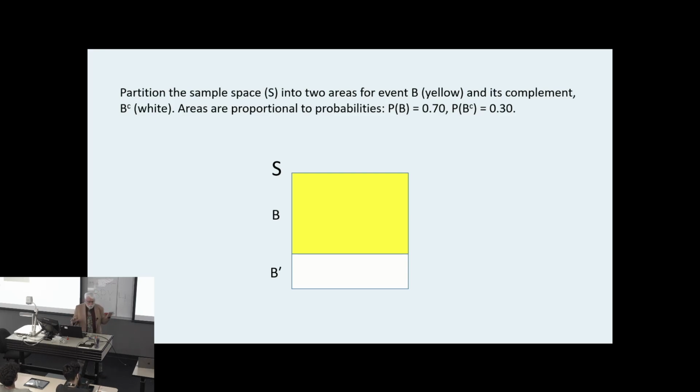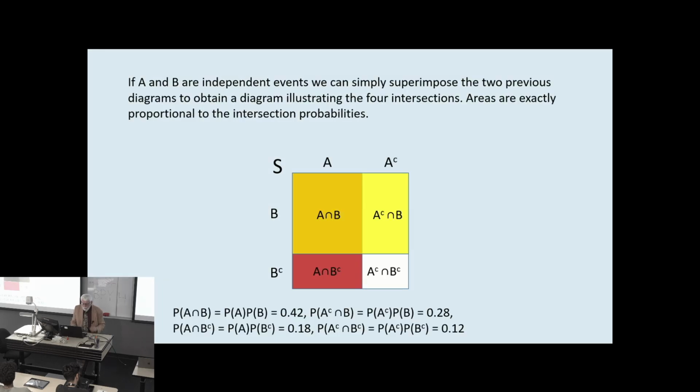So what we're going to do is take those two rectangles and put one on top of the other. If A and B are independent events, I can simply superpose one set of rectangles on top of the other, and everything fits really nicely, and I can get all of the intersections.